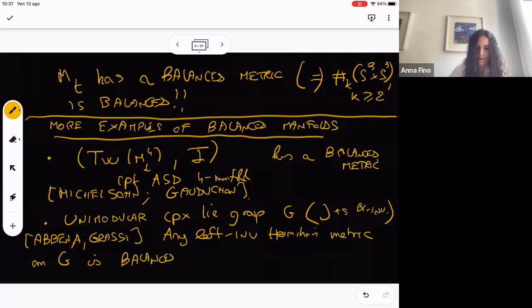In fact, if you take a complex Lie group, a left invariant Hermitian metric is balanced on your Lie group if and only if the group is unimodular.